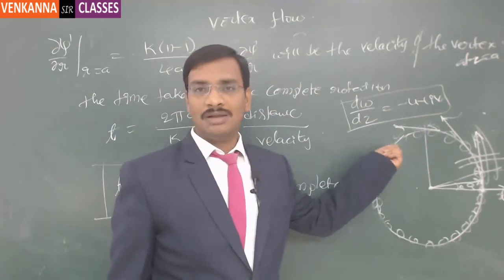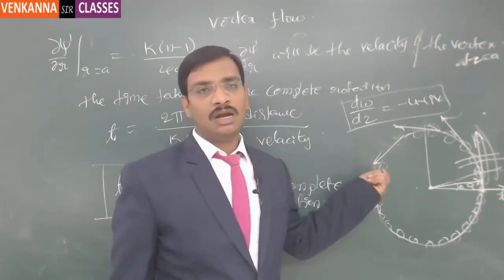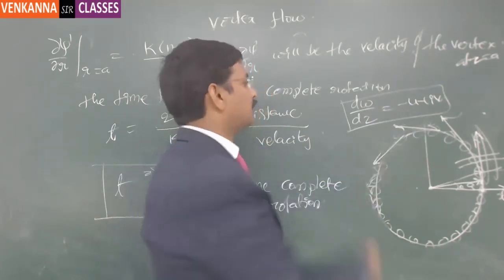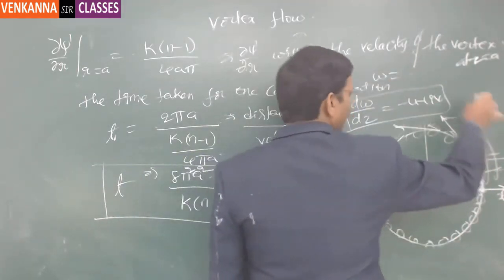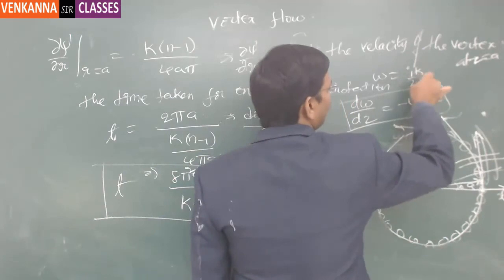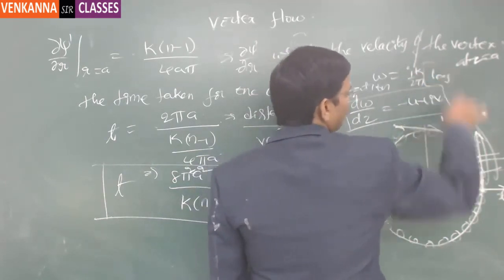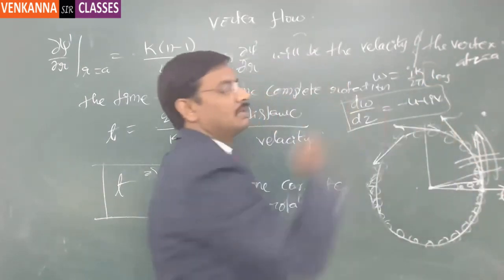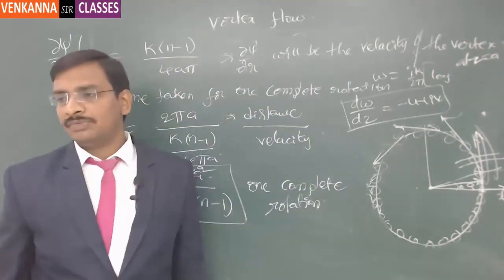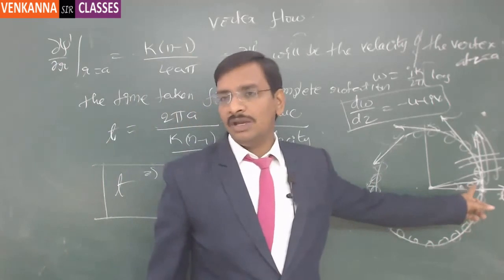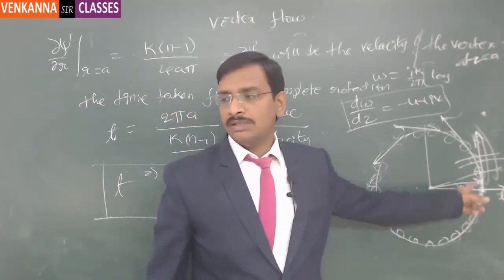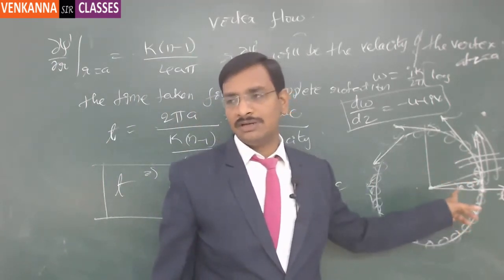He separated the real and imaginary parts from the complex potential. So w, the complex potential of all the vortices at this particular point, is nothing but ik by 2π times log of (z minus z1)(z minus z2)(z minus z3) up to (z minus zn minus 1). For each point you can model in terms of a and 2π by n. Because this is in a circular fashion, you can put it in theta format.